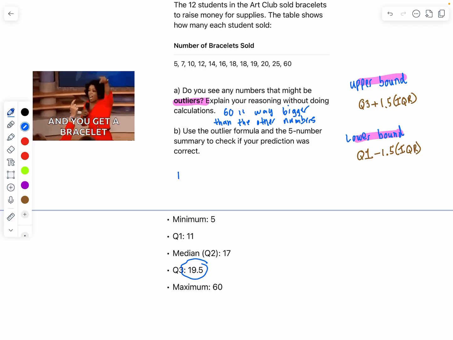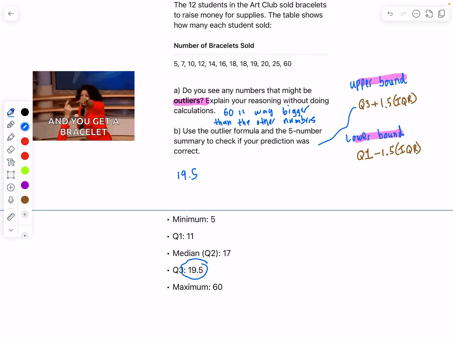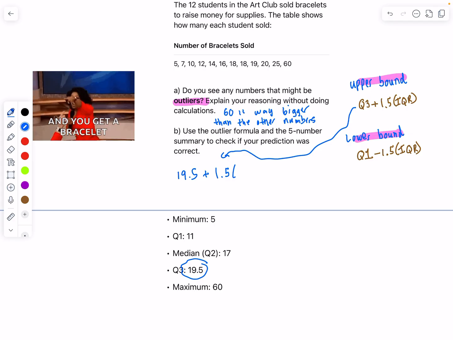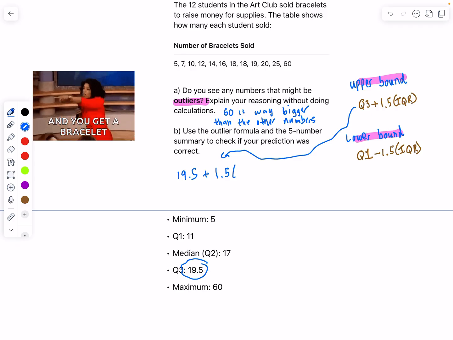So let's use our formula. We're going to do 19.5, I'm pulling this, this is all coming over here, plus 1.5 times the IQR. And what's my IQR? What's my interquartile range? Well, they didn't give it to us. We got to calculate it. So the IQR is 19.5 minus 11.